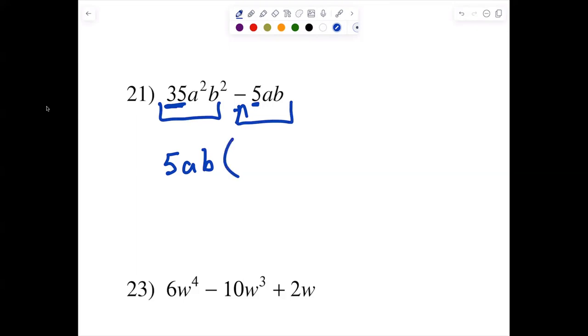So what's left? What do I do with the numbers? What's 35 divided by 5? 7. Good. And then, there you have it. 7AB minus 1. Divide the numbers. 5 divided by 5 is 1. There's never going to be just a 0.